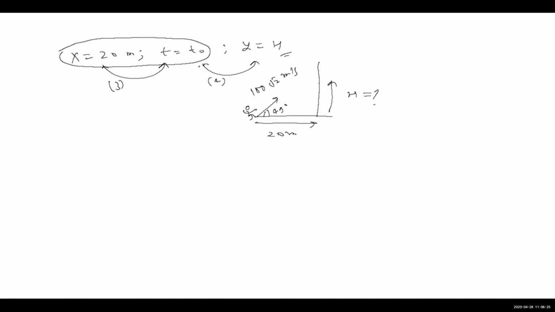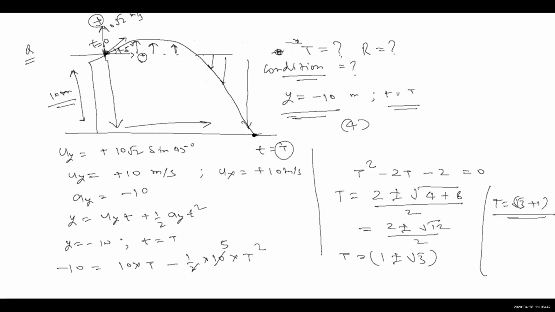First we use the first condition. When displacement along x-axis will be this much, get that time, and from this time get the y. If you remember in the previous question, we were using this condition first because y was given. At the point of collision, displacement along y-axis was known.